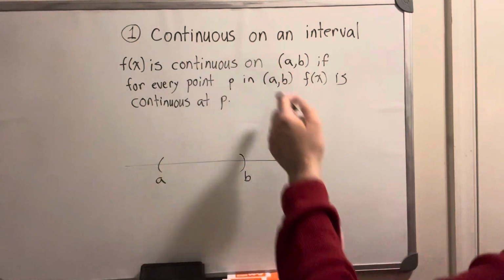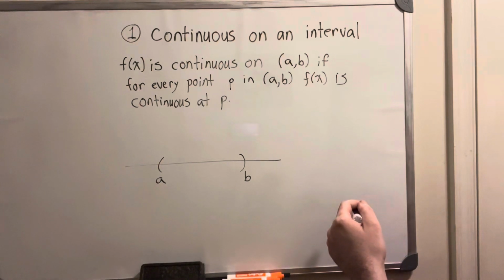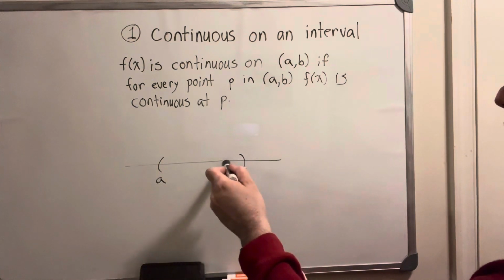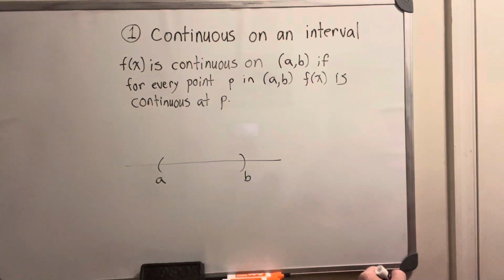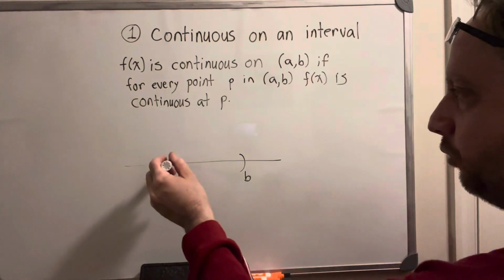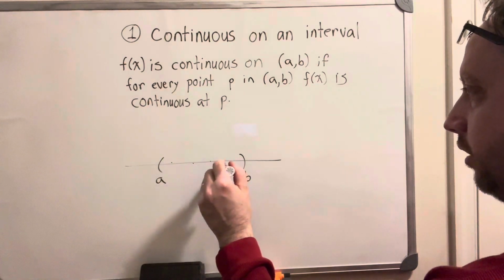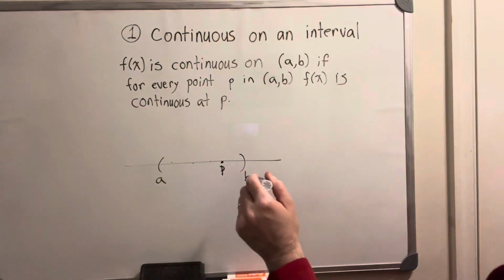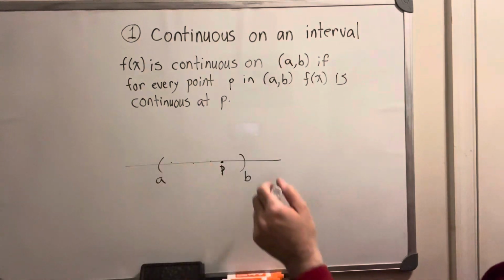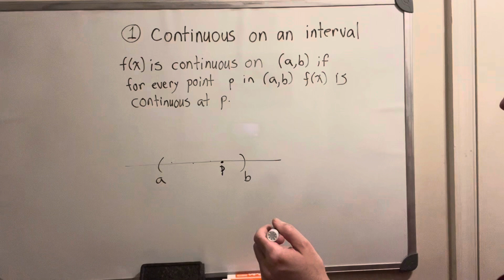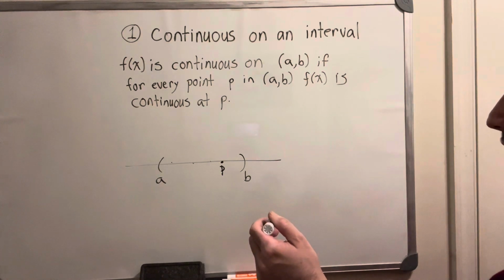So f of x is continuous on an open interval (a, b) if for every point p in (a, b), whether it's this point or this point or this point, let's say I'm specifically curious about this point, f of x is continuous at that point.